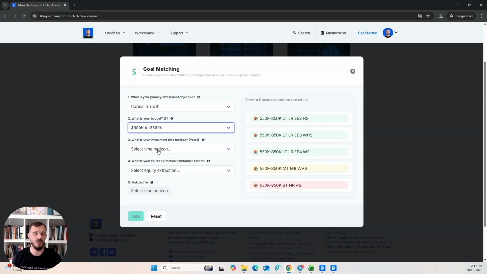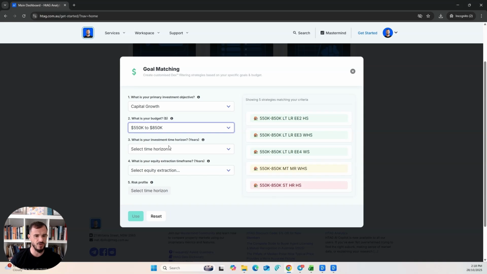Usually you put a 200K disparity in your budget just to cast a wider net and to increase the number of potential options you will get. But the most important thing is that these ranges have been developed because they inform the significance of different property investment indicators, which will increase the accuracy of your output. So that's a very important thing.